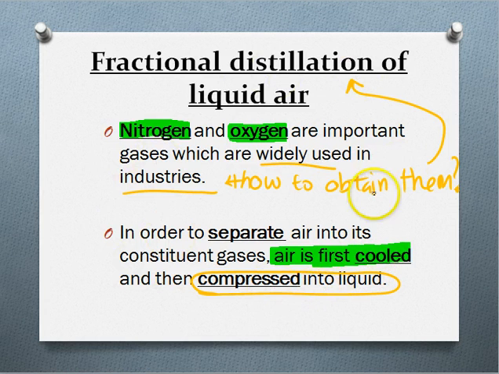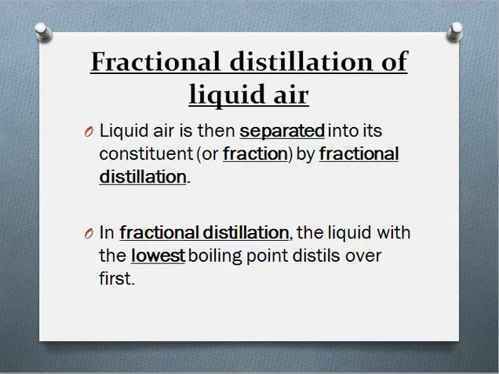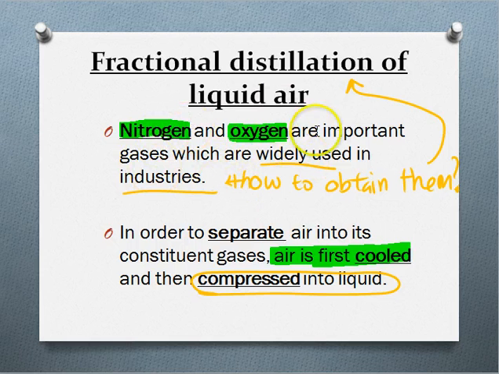This is the first step of how to make our liquid air. Next, how do we go about getting all the different gases? We do this process called fractional distillation. So you can see nitrogen and oxygen are widely used. So how do we do it? We make it into liquid air, then we do fractional distillation.